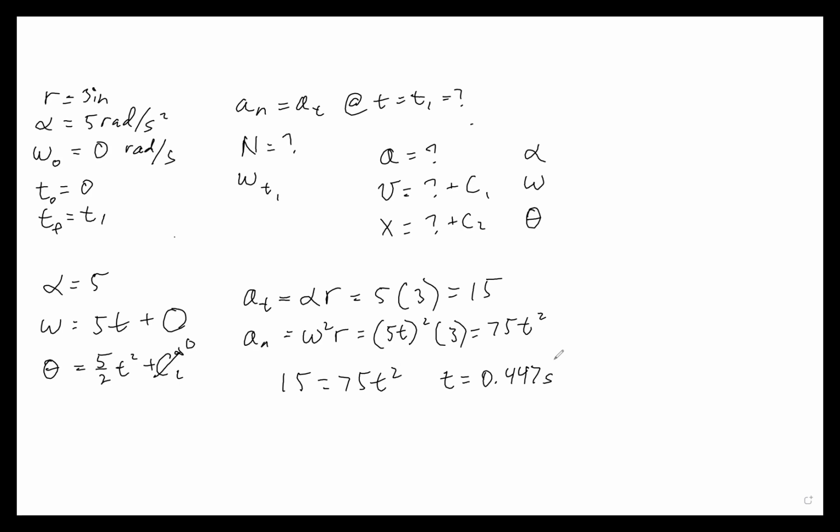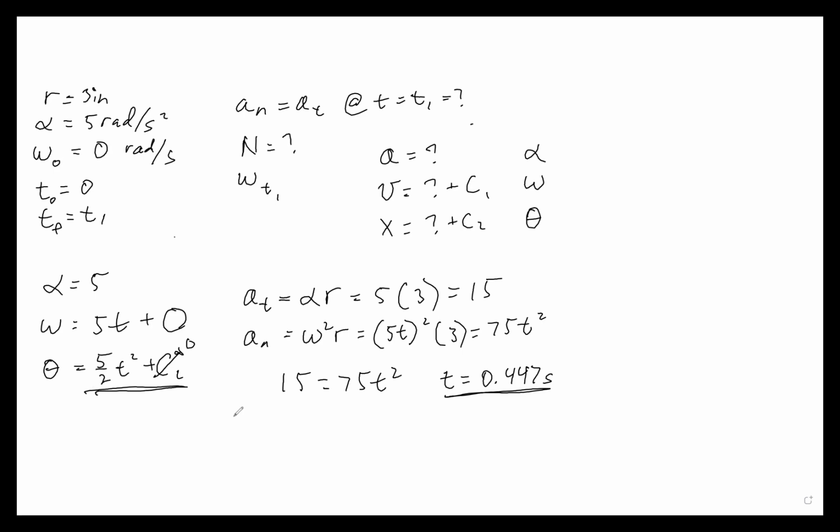For part B, they want us to find the number of revolutions from time 0 to time t1. We know t1 right here. We just found it. So we need to know where the turntable is positioned angularly, meaning how far it has turned at that time. Well, we have a position function that is a function of time.